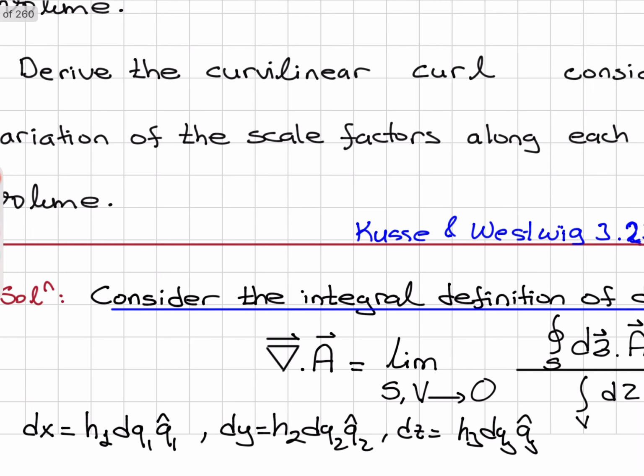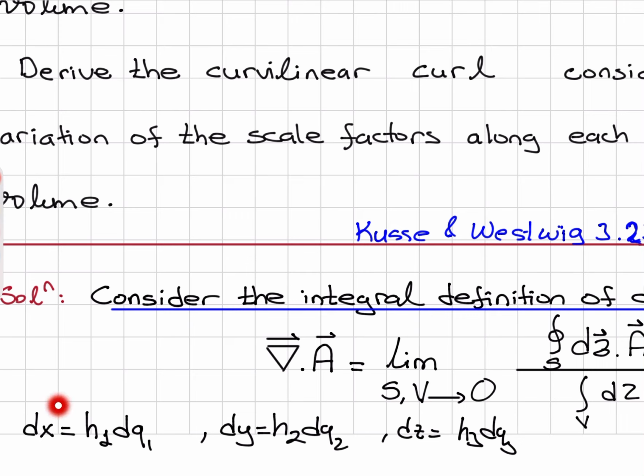If you remember, our displacement vector dr is h1 dq1 q1 hat plus h2 dq2 q2 hat plus h3 dq3 q3 hat, which is saying that dx is h1 dq1, dy is equal to h2 dq2, and dz is equal to h3 dq3.